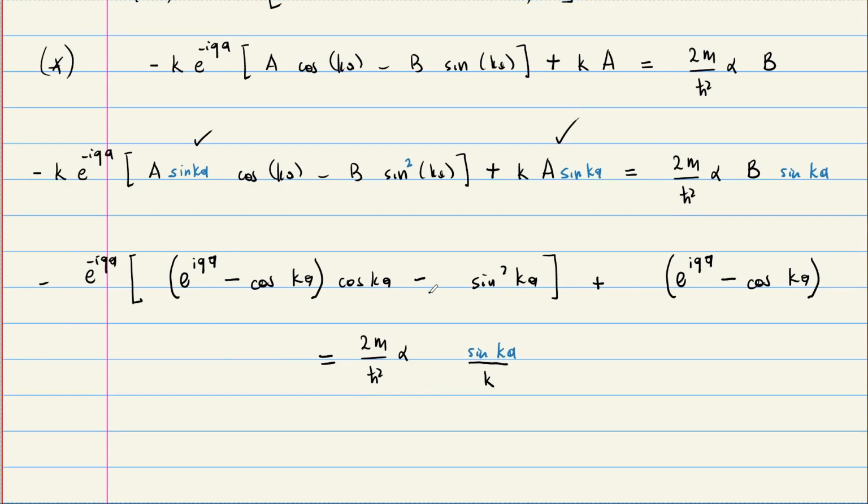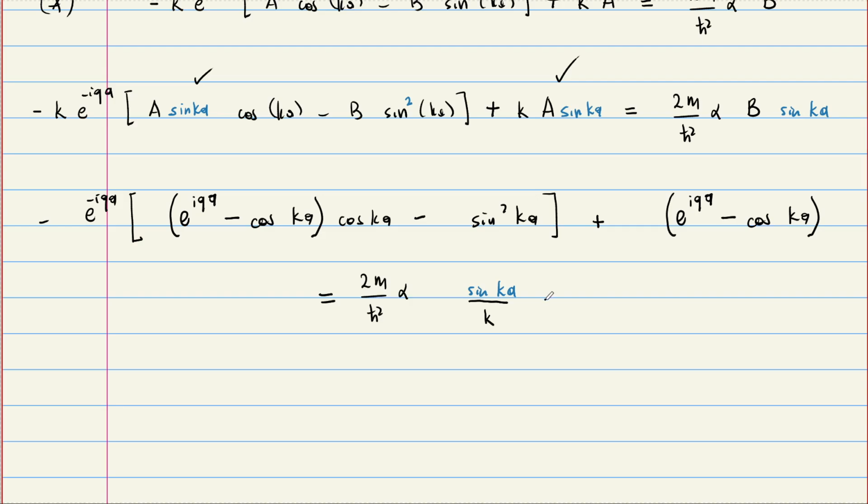Let's open up. So this is minus plus, so that I don't miss this one, and this one is minus 1 minus e to the minus i Qa cosine Ka times cosine Ka plus, actually I can do even better.